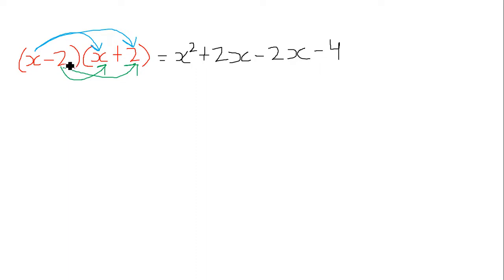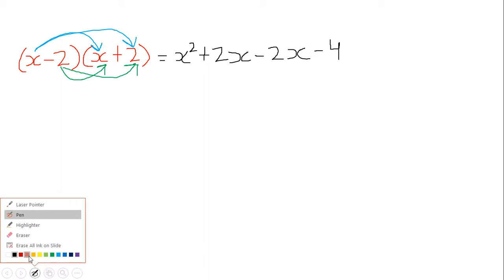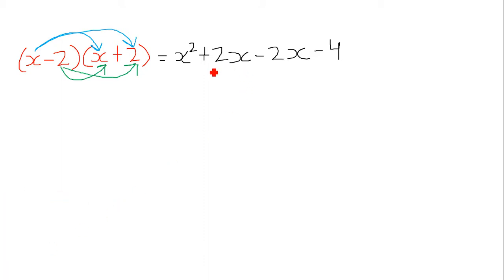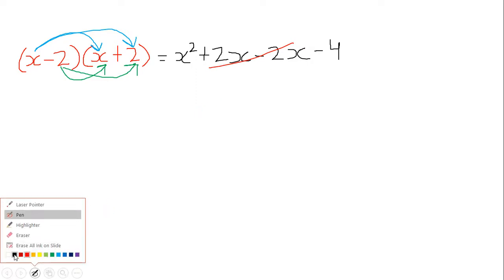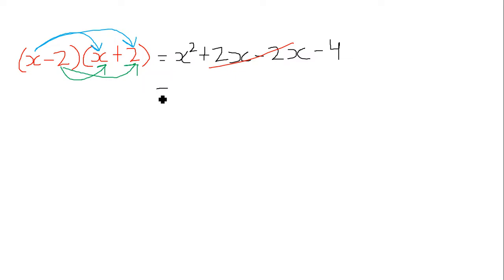So what is positive 2x minus 2x? 0. Yeah, they cancel each other. So it's going to leave us with x squared minus what? 4. Which is exactly what we saw using the formula.